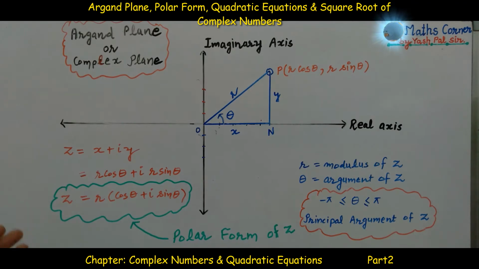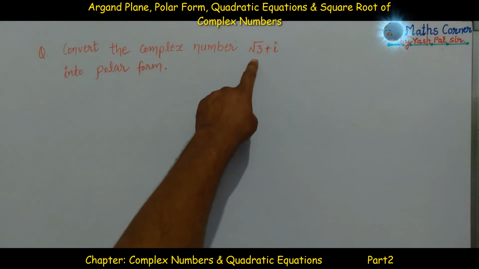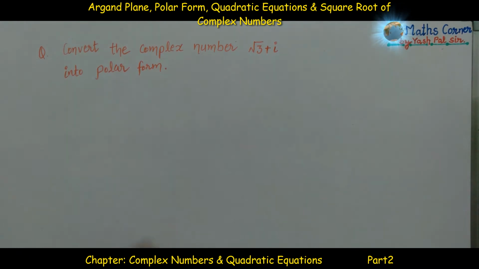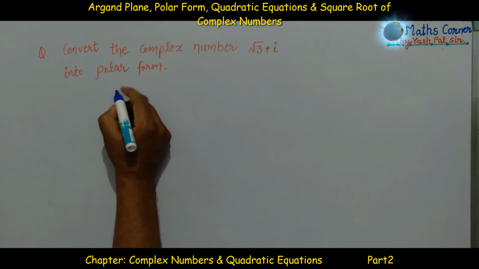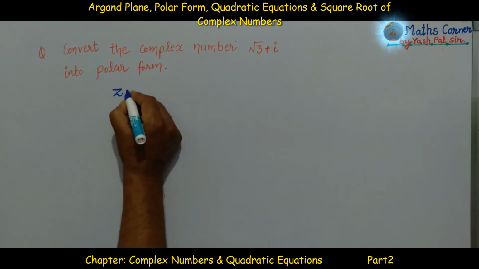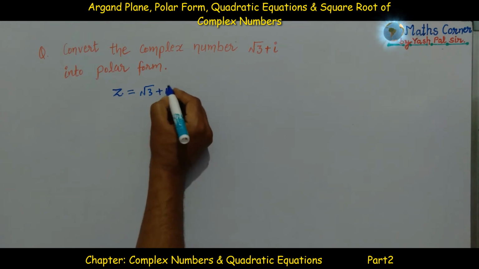Now let us take one question: how to convert any complex number into polar form. Question is, convert the complex number square root 3 plus iota into polar form. So here first of all we name the given complex number to be z. Let z is equal to square root of 3 plus iota.